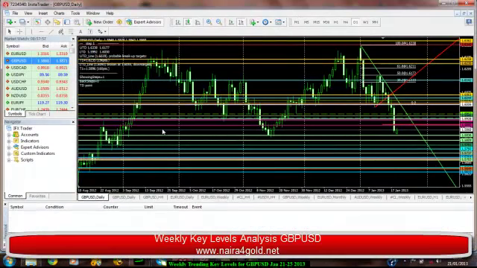And on the daily time frame, we have the daily trend line targets at 1.5896, which was already surpassed or broken below last week Friday.